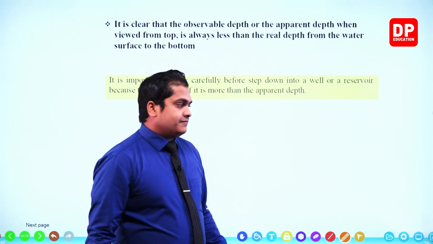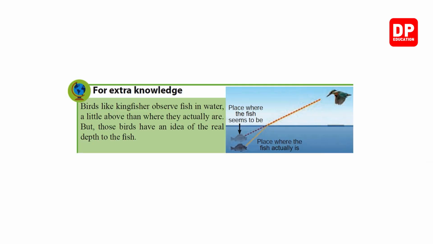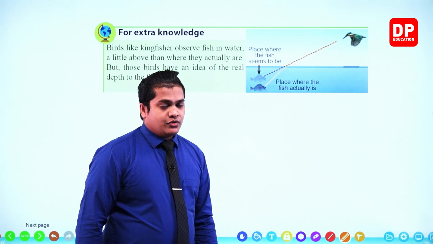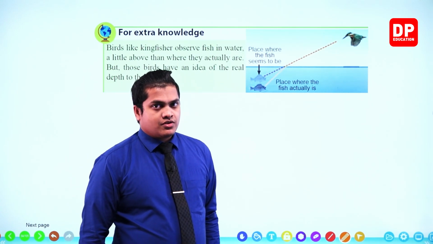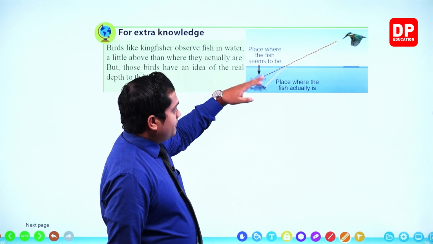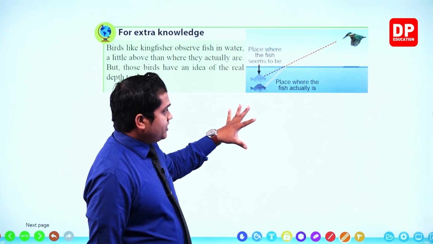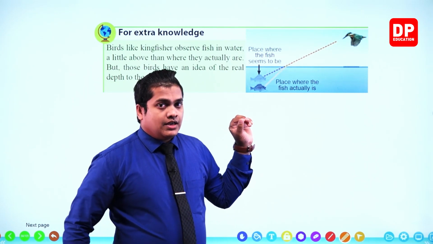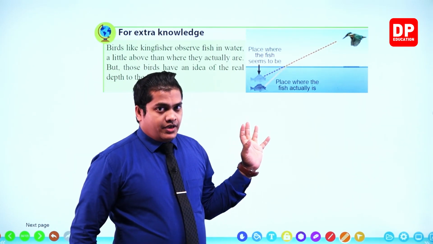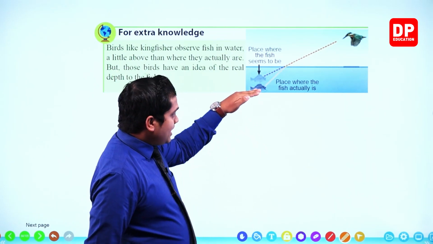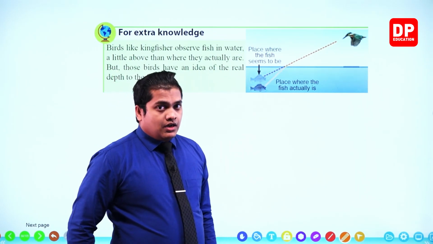Okay, right then. So for extra knowledge, it is given here. Birds like kingfishers observe fish in water a little above where they actually are. But those birds have an idea of the real depth of the fish. So when a kingfisher is going to catch a fish placed at the bottom, it observes the fish not at this level but somewhat above it.